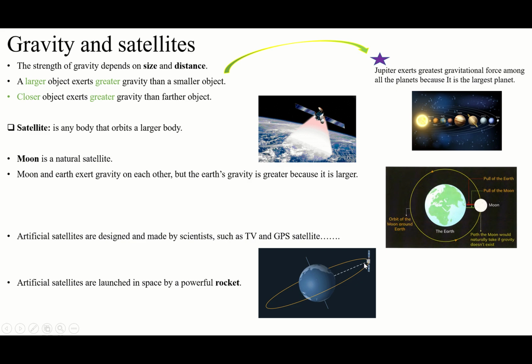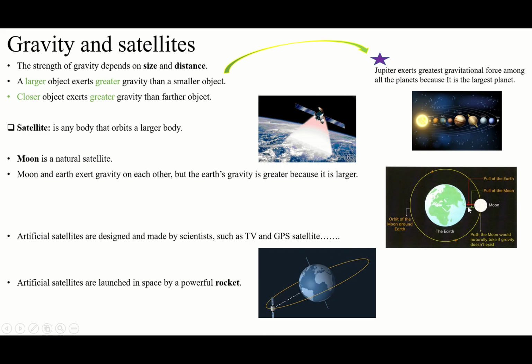So when something small orbits or moves around a larger one, we call this small thing a satellite. Okay, so satellite is any body that orbits a larger body. Right now in here, this is small, orbits a larger body. And moon, you know that moon continuously moves around Earth, right?